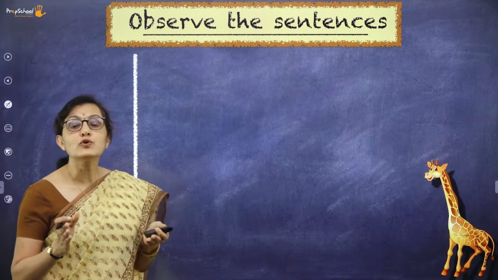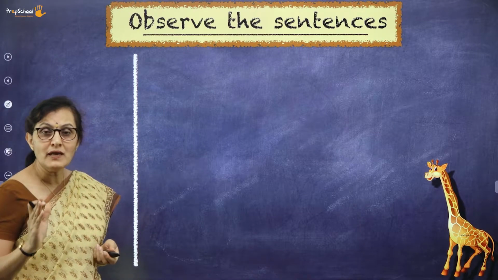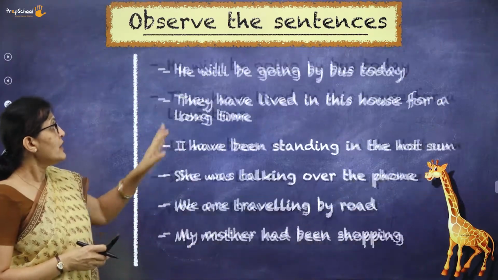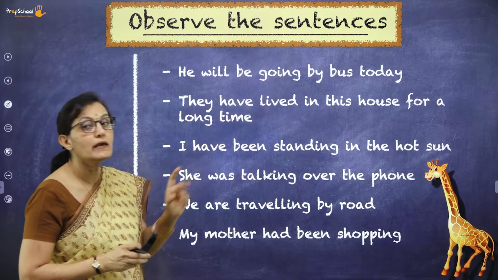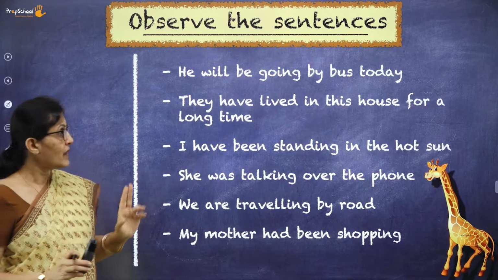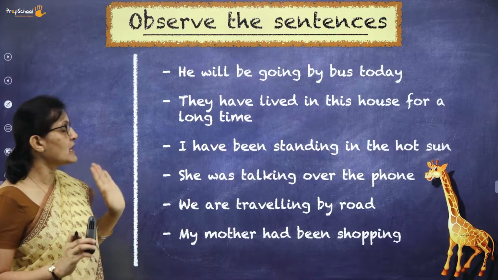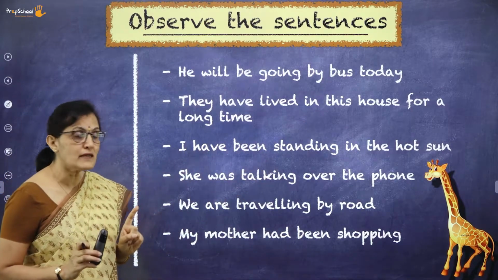Now, observe a few sentences, read them as they appear on the board and see what you understand. The first one: he will be going by bus today. They have lived in this house for a long time. I have been standing in the hot sun.